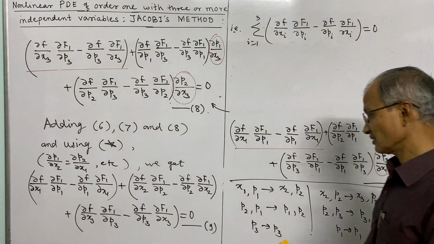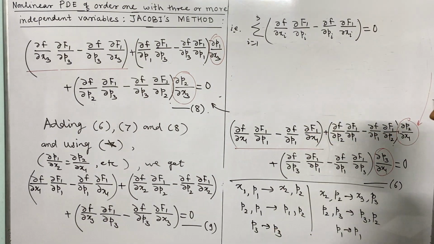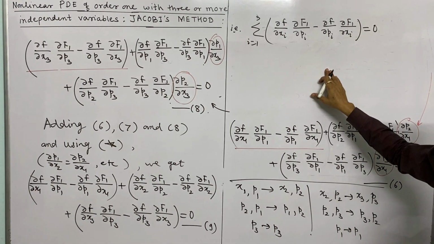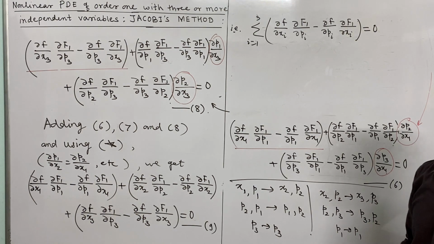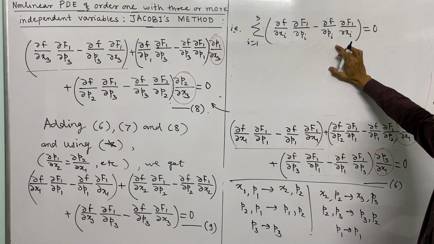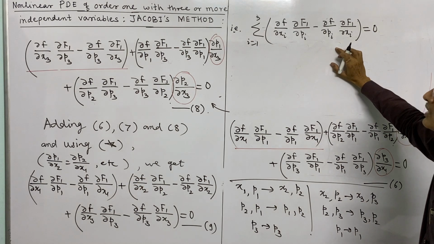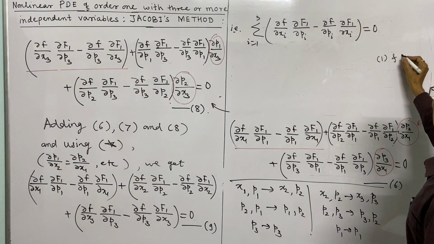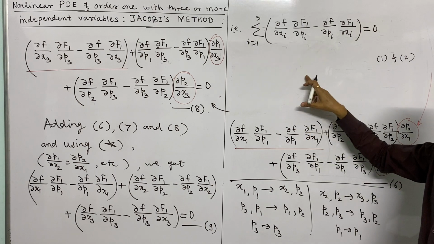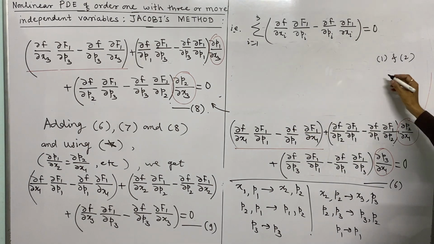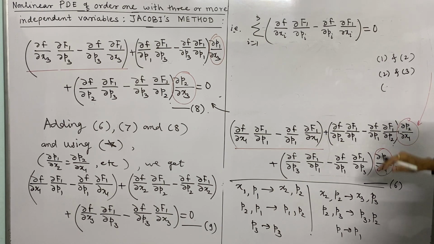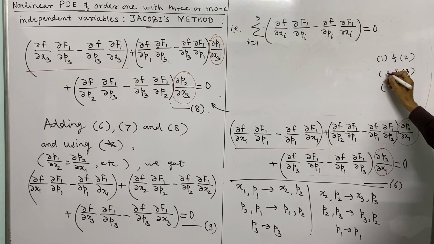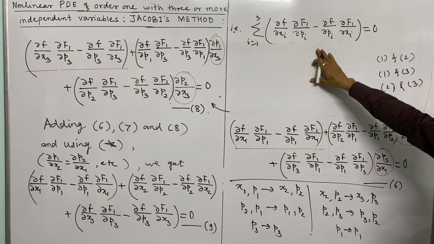And likewise, similarly, eliminating x1, x2, x3 from equations 1 and 3 and 2 and 3, we will get two more such relations. So what we have used here earlier is 1 and 2. Now we will use 1 and 3, and then we will use 2 and 3 to get two more such relations.